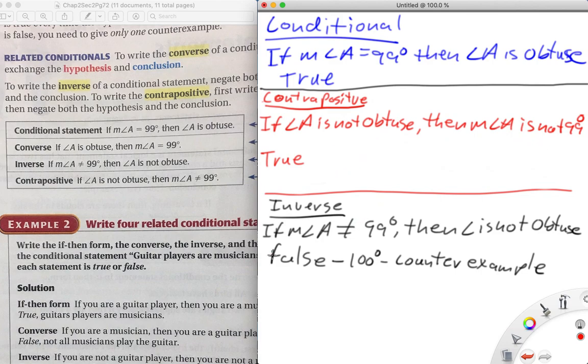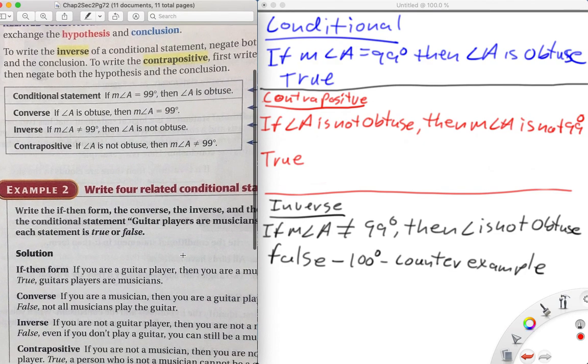When you do the contrapositive of the conditional, the contrapositive will be true and the conditional will always be true when you negate them both. They're equivalent statements. They're the same. The contrapositive and the conditional, if they're both true, they're equivalent statements. And they will always be true.